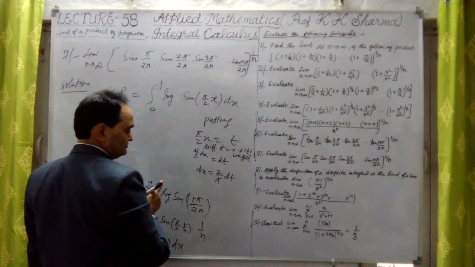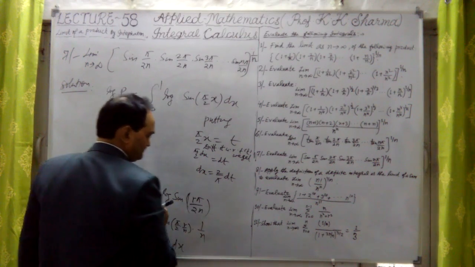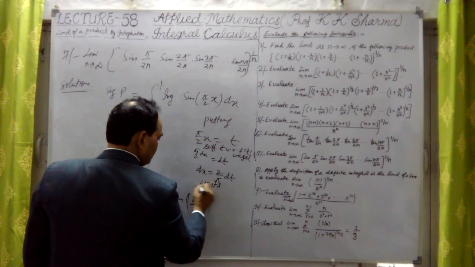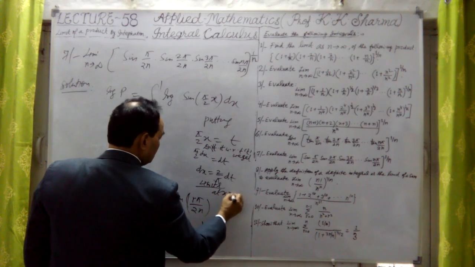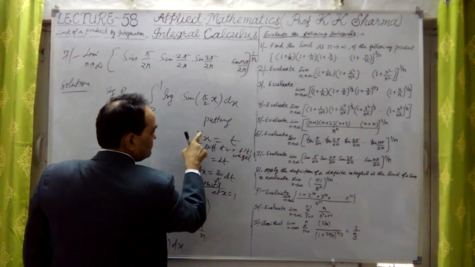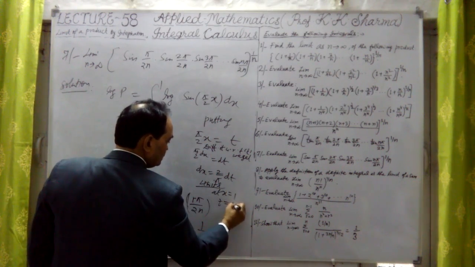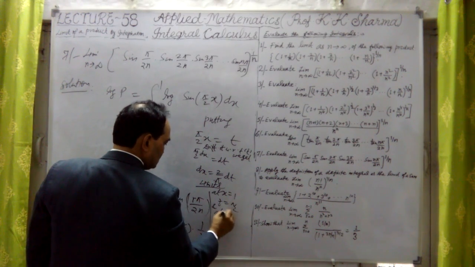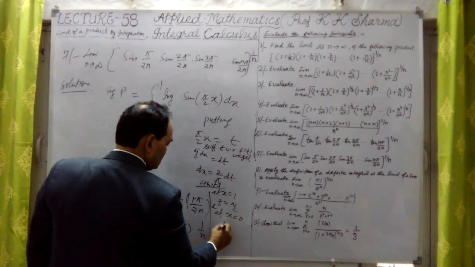That will be substituted. Now what about the limits? At x equal to 1, t equals pi by 2, and at x equal to 0, t equals 0.